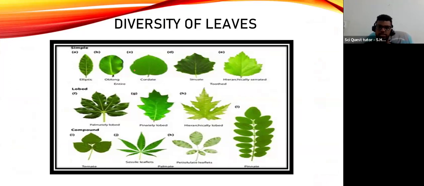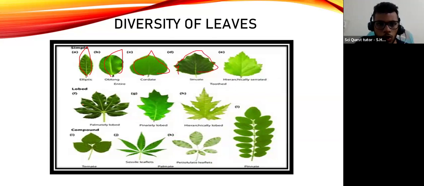Very good. Actually, there are lobed leaves as well, students. Compound means you can look at here. In this case, you can see simple leaves are like from one stem, one leaf is originated, one leaf is grown. So see here, one leaf is there.